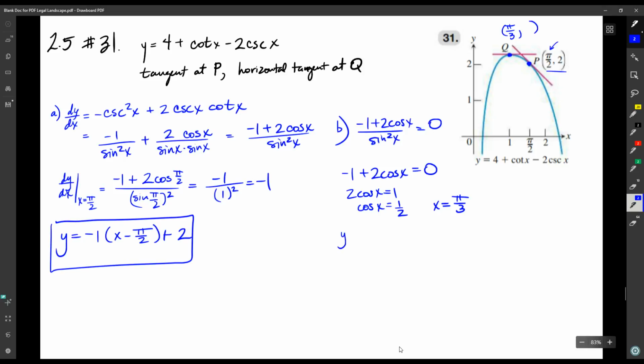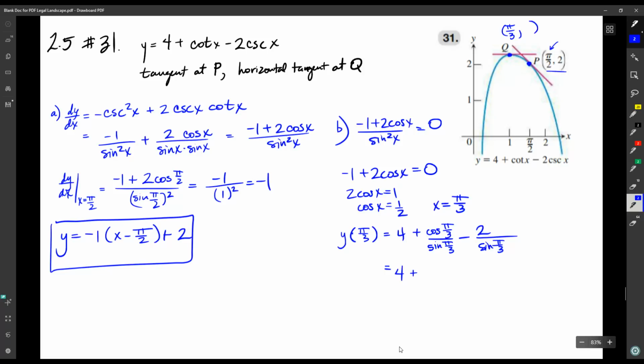So y of pi over 3 is equal to 4 plus, I'm going to go back into sines and cosines again. So rather than cotangent, I'm going to go with cosine of pi over 3 over the sine of pi over 3. Minus 2, instead of cosecant, I'm going to go with sine in the denominator, sine of pi over 3.